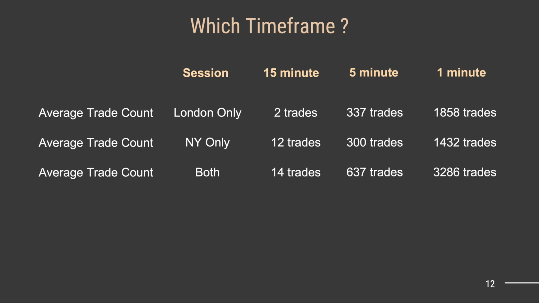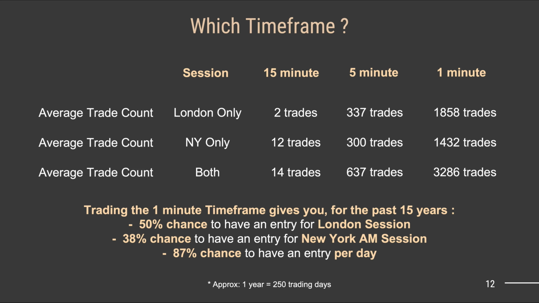That's exactly what I mean by this table. We understand that when we go into the lower time frame, we have an increased number of trades executed, so for the next slides, I will mainly focus on the 1 minute time frame because this is the time frame where we have the most trading opportunities.